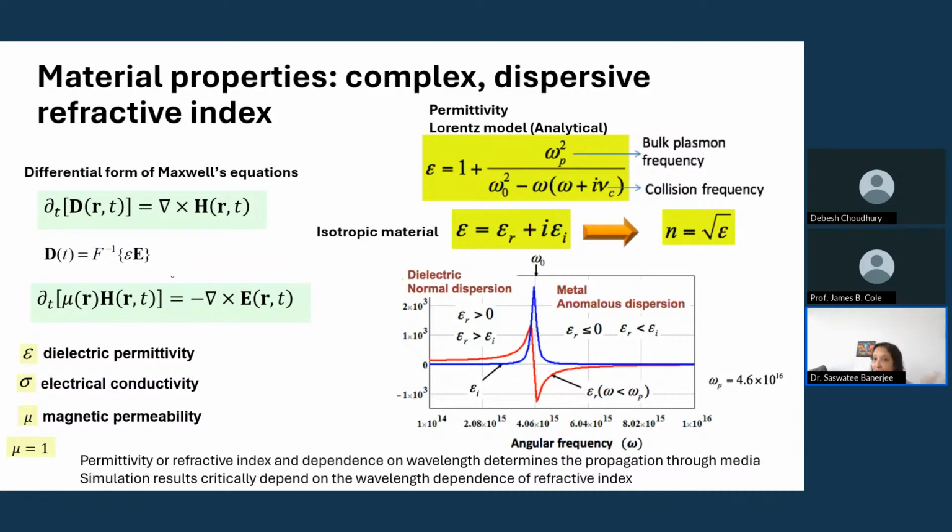They are actually related quantities. There is something called Cauchy's theorem, and that gives you something called the Kramers-Kronig relationship. This is a relationship that dictates that n_r and n_i, the wavelength dependence of n_r and n_i, are related.